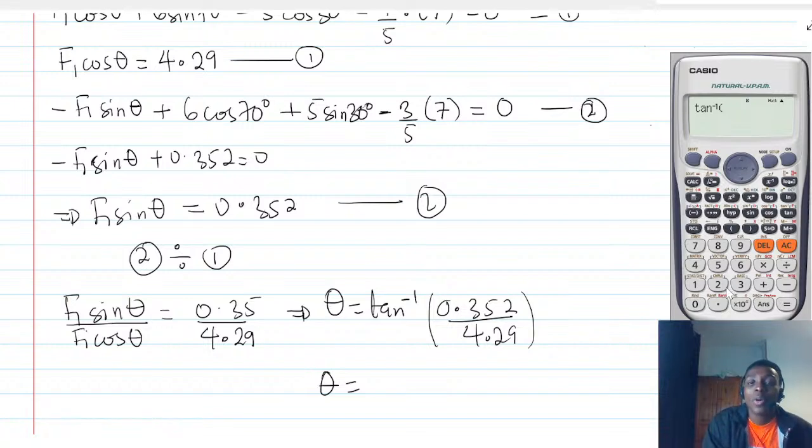So tan inverse of 0.352 divided by 4.29.